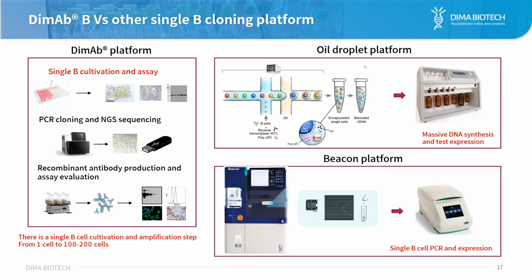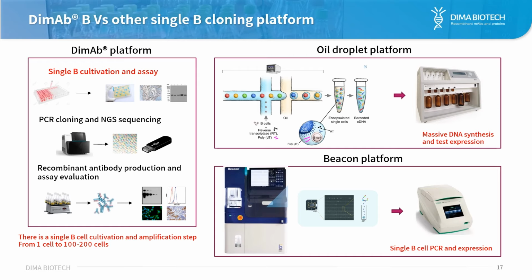Analyzing the antibodies, if they are positive, you can pick the cells into the PCR machines. The Beacon platform clones the gene truly from a single B cell without amplification. The machine is highly efficient and develops the antibody in a short time. But there are two limitations. Number one, the volume of the cultivation medium in each vial is very small.